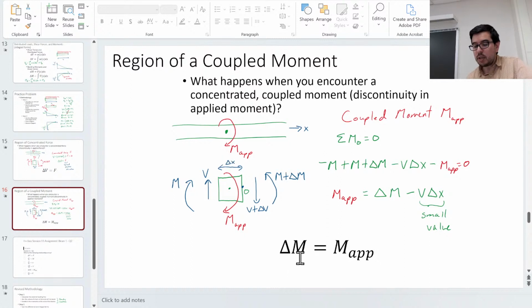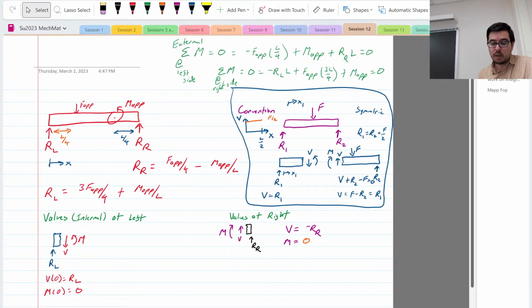So you actually have a delta M equals M app, but this M app is into the board. This is a negative moment being applied. So what you're going to have is actually a delta M equals minus M app internally as you hit this region, because this is a positive M app. This is confusing when you look at the internal one. Okay, but this is to keep all the conventions in place.